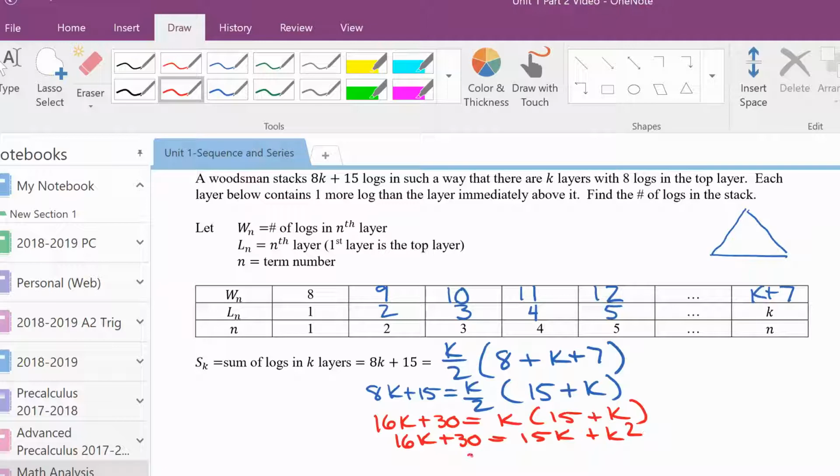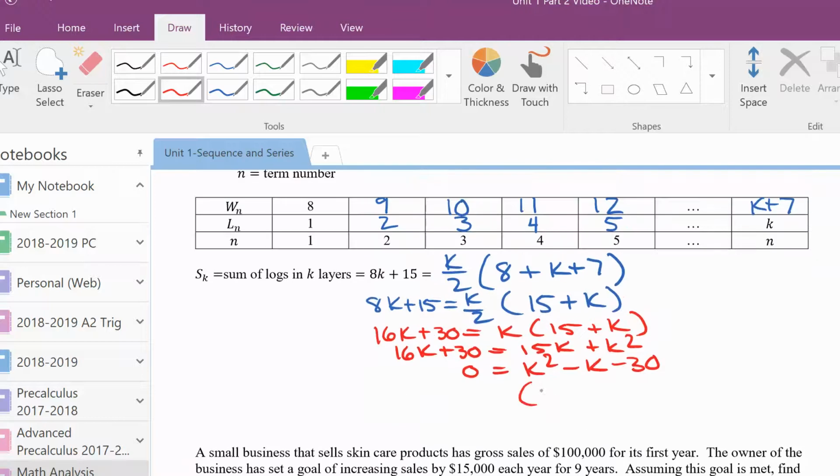And it's a quadratic, so we'll set equal to 0. So you get k squared minus k minus 30. And so it's k minus 6 and k plus 5 equals 0. So k equals 6 or negative 5.